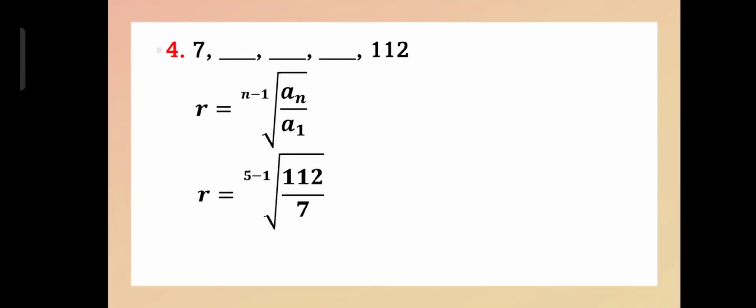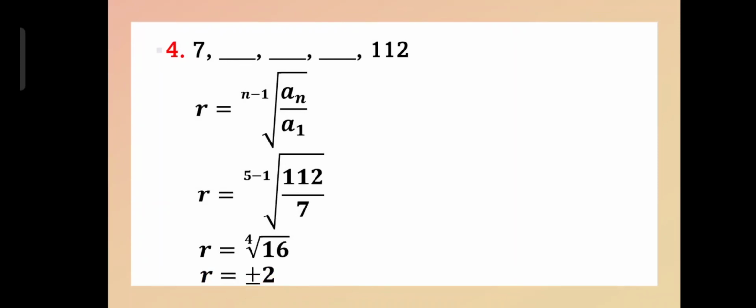R is equal to the n minus 1 root, where n is 5 since there are 5 terms from 7 to 112, a sub n or last term is 112 and a sub 1 is 7. Simplify. R is equal to 5 minus 1 is 4. So 4th root of 112 over 7, or 112 divided by 7 is 16.